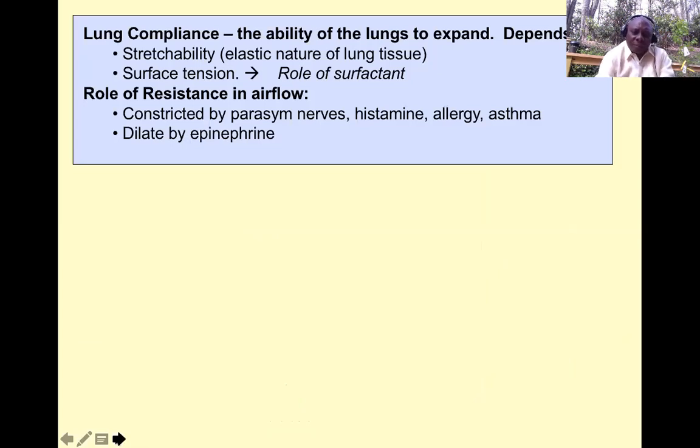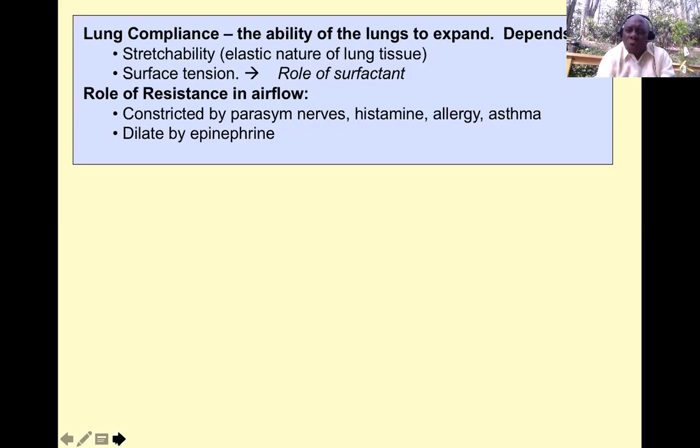All right. In this slide, we talk about lung compliance. Lung compliance simply means the ability of the lungs to expand without any hindrance, and without any undue effort. And so there are two factors that influence lung expansion.